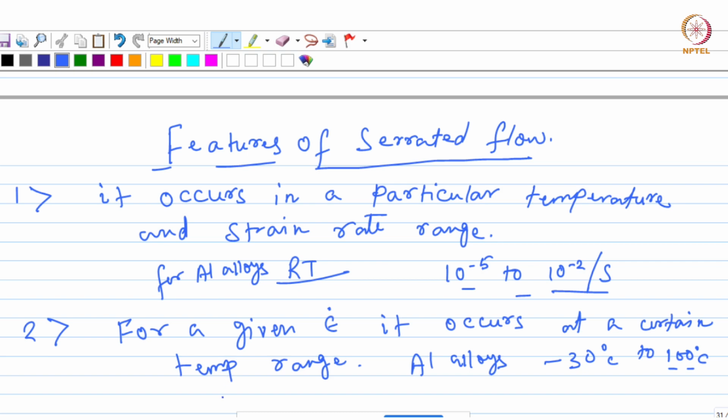And if the strain rate increases, the temperature for occurrence of serrated flow or dynamic strain aging also increases. Okay, so that's the second characteristics of this particular phenomena.